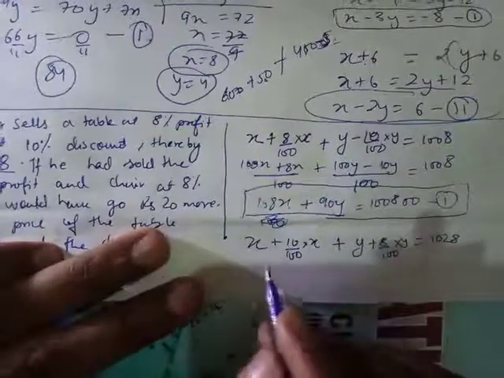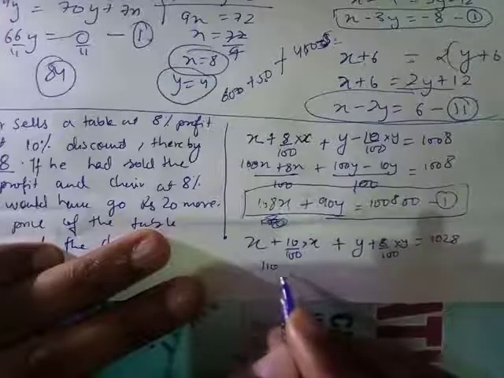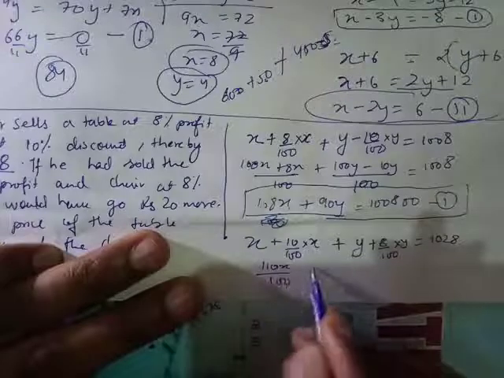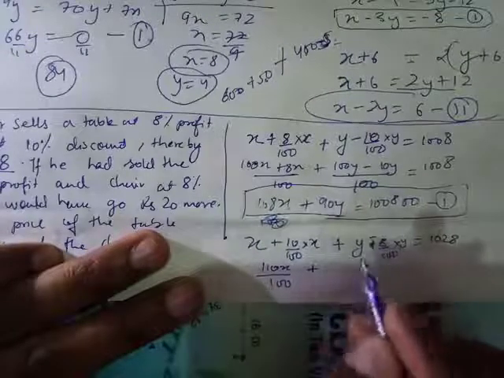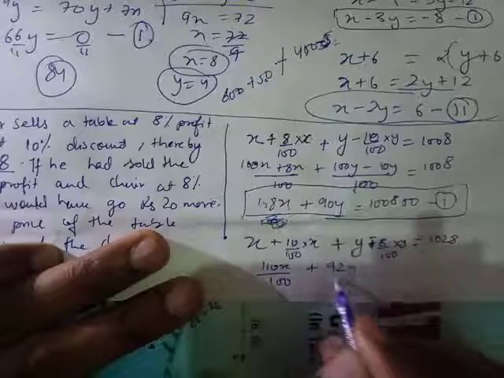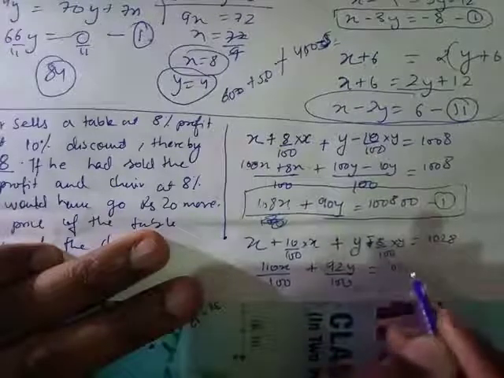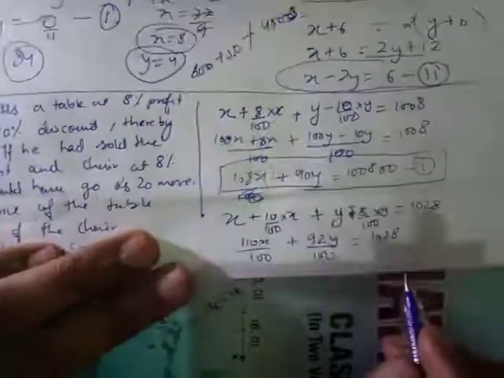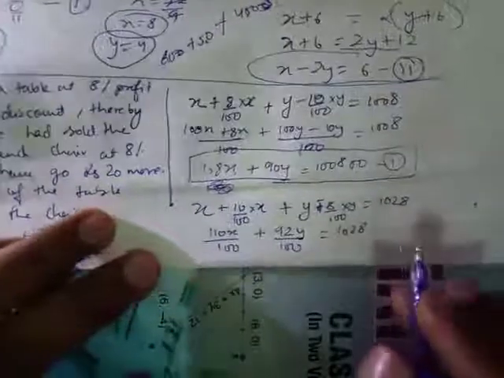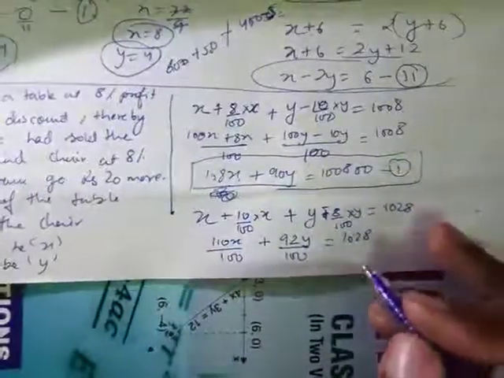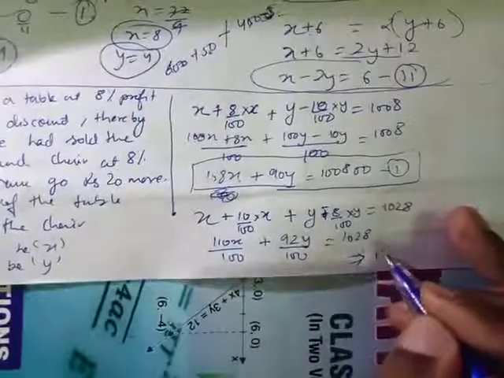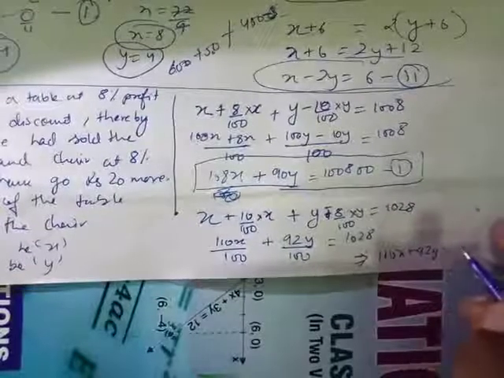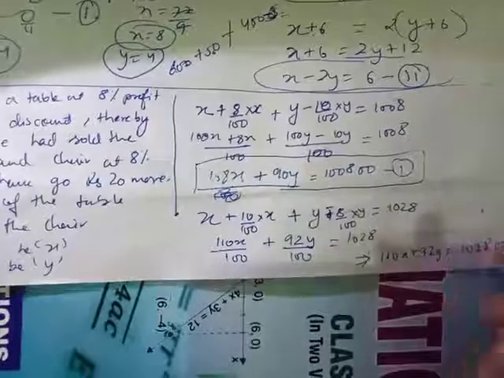So now you can solve this and you'll get 110x over 100 plus, and this is discount, I'm sorry for this, so this is going to be 92y over 100 equals 1028, and the 100 can go on that side, so I'm writing the equation over here, you guys can have a look. 110x plus 92y equals 102800.